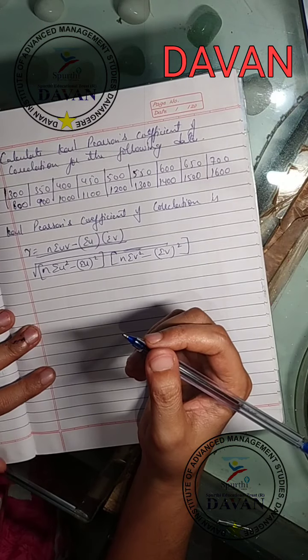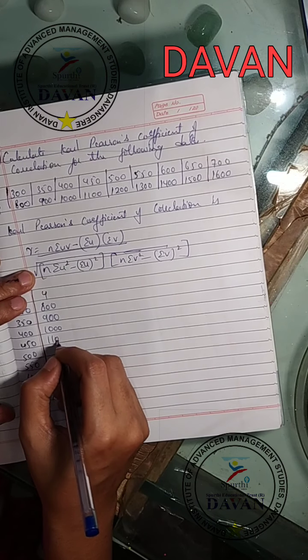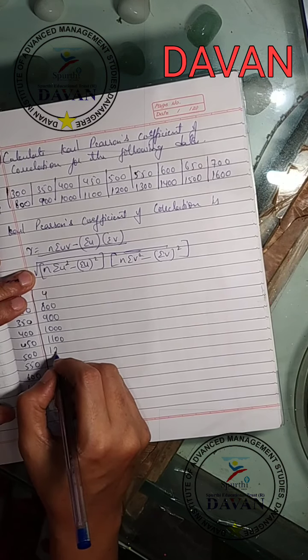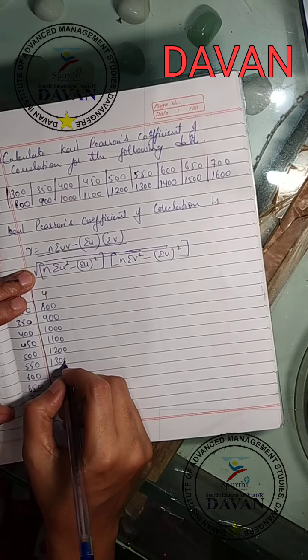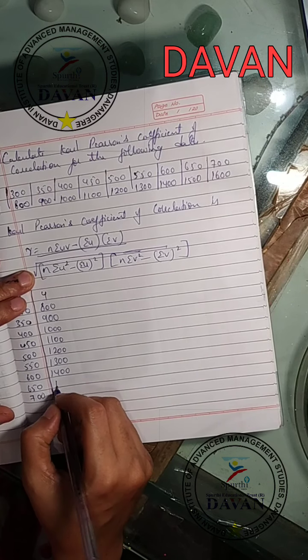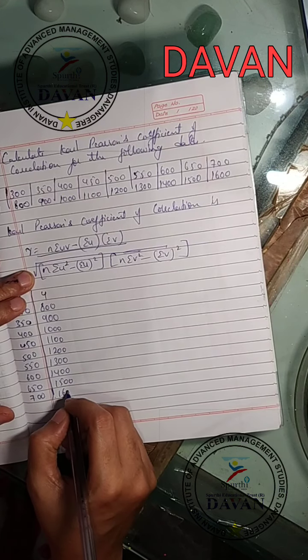So we frame a table for x and y. It is 300, 350, 400, 450, 500, 550, 600, 650, 700, 800, 900, 1000, 1100, 1200, 1300, 1400, 1500, 1600.